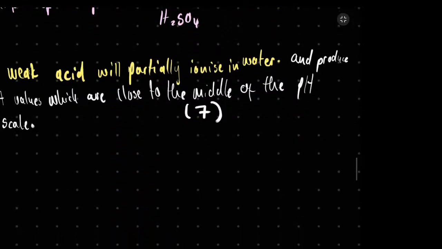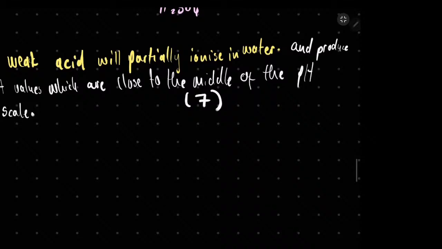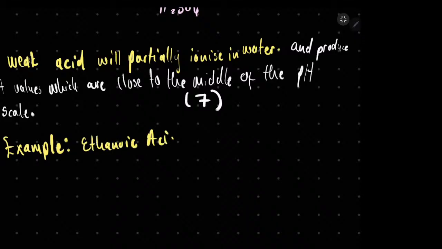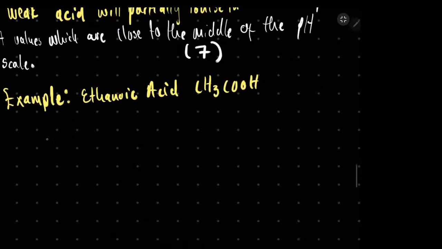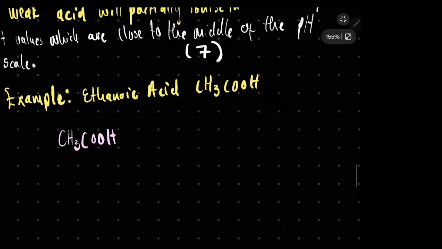Now, here is how you represent it. Weak acids are organic chem acids. An example of a weak acid is ethanoic acid, CH3COOH. If you want to show what happens to it in water, you don't put a single arrow. It's a weak acid, my friend.